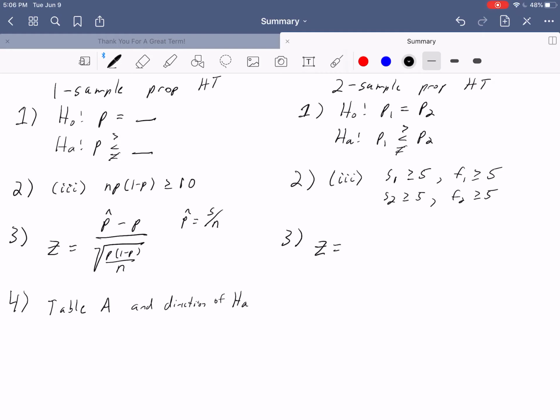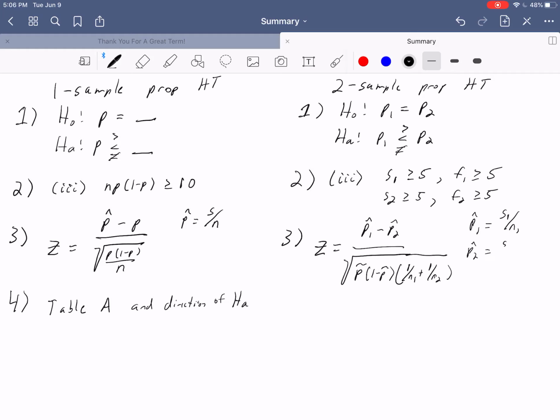The test statistic is still z. It's p1 hat minus p2 hat, but the denominator is a little messy. It involves that p tilde, which is actually the pooled sample proportion, and then 1 over n1 plus 1 over n2. As a little reminder here, p1 hat would be found as s1 divided by n1.